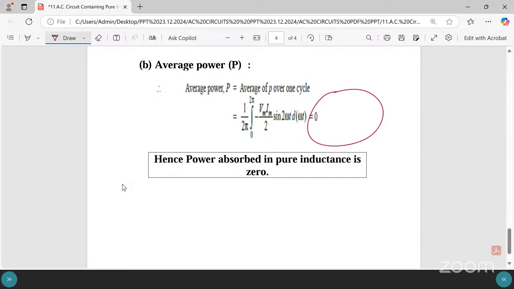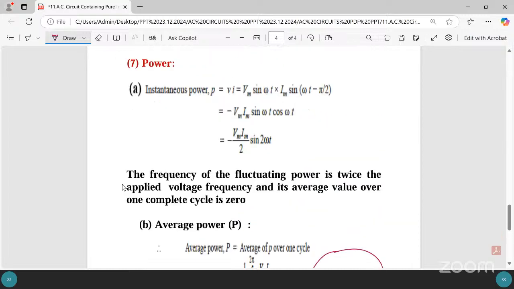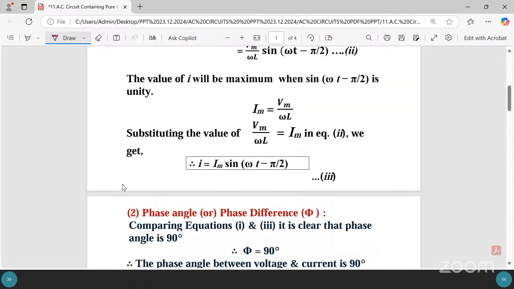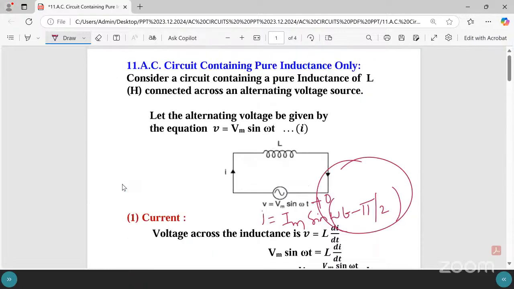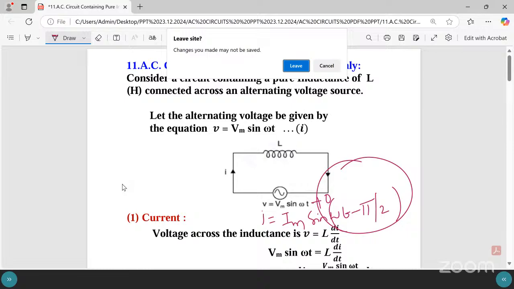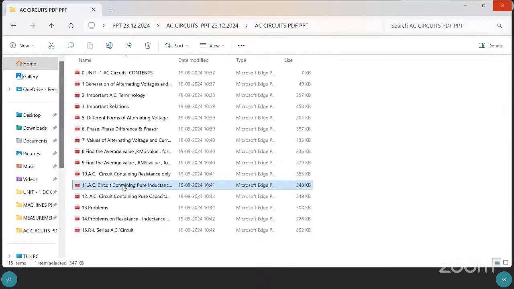We don't get this in practice, but we have to analyze the circuits. We'll discuss the 7 results for pure capacitor, then we'll go for the direct problems. So if you get a question on pure inductance, write down these 7 results. If we get a 10 marks question, we will get it for 10 marks.